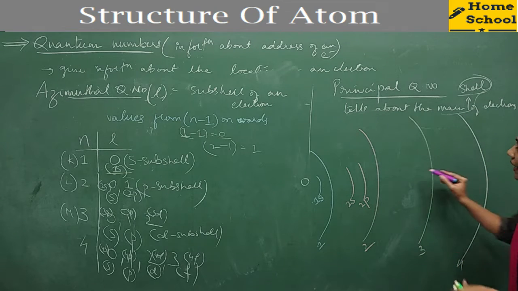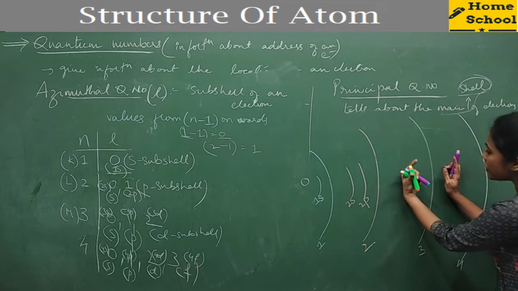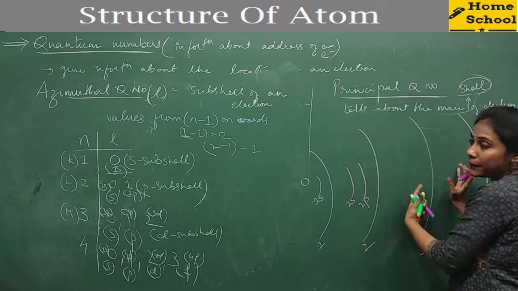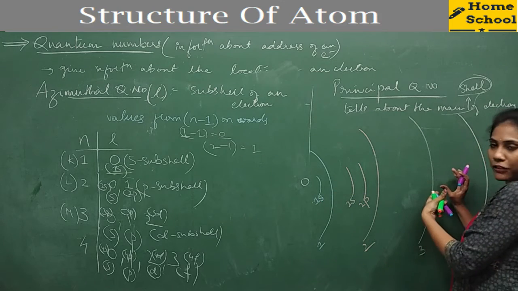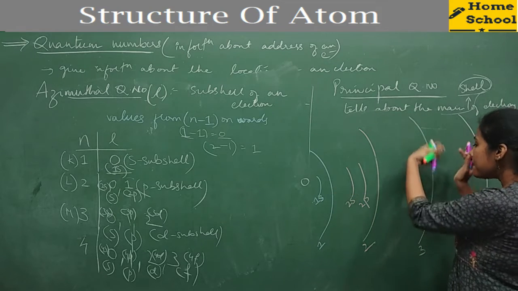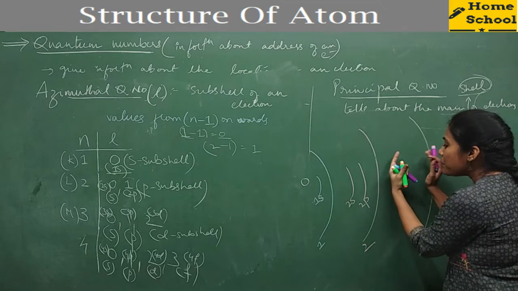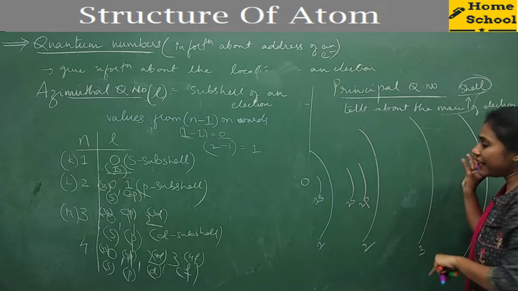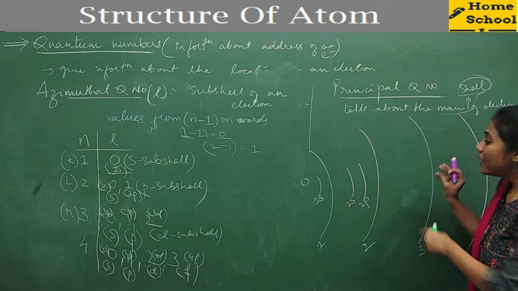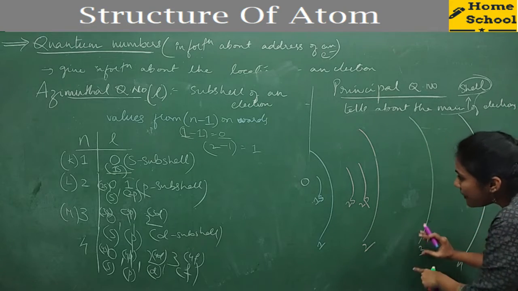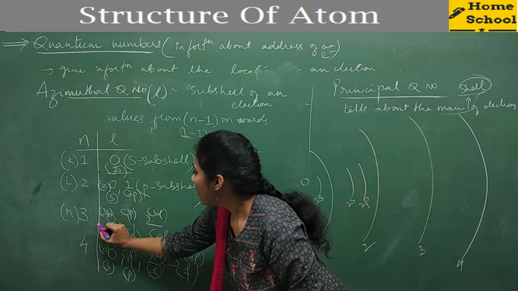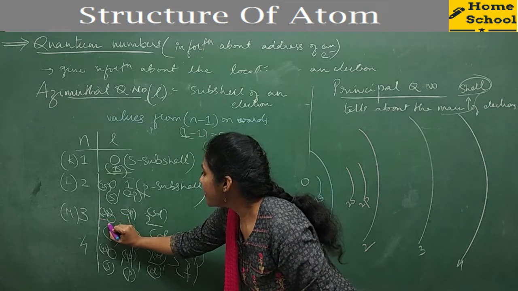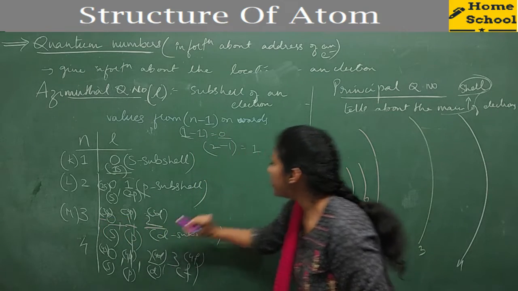Now coming to the third shell, this region is bigger and a little far away from the nucleus, and this space has many more smaller regions, smaller districts in the main state. So how many districts are there in this main state? You see here, 0, 1 and 2.